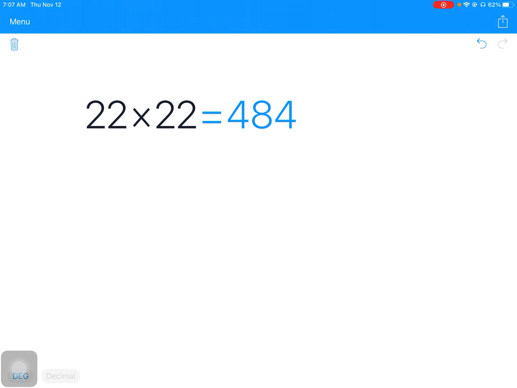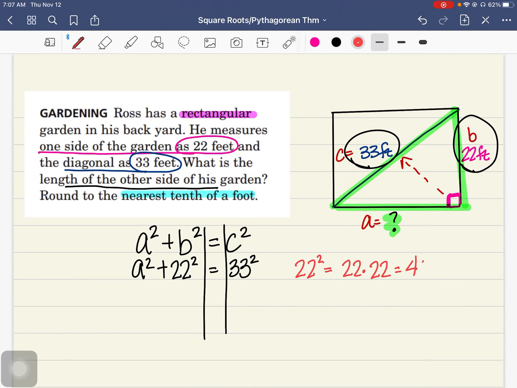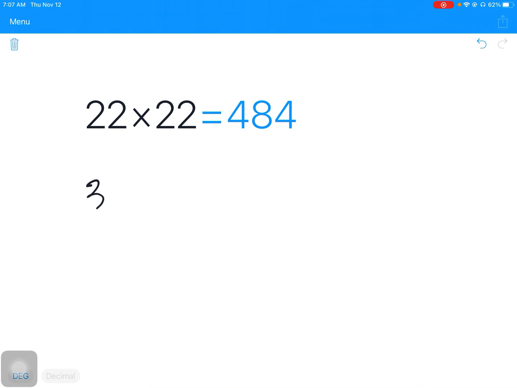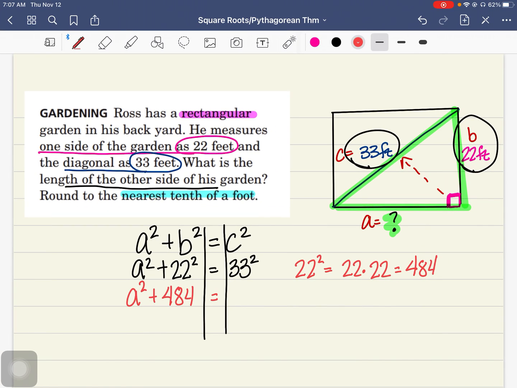There we go, 484. Oh, we just did that in the last problem. So it's 484. So we have A squared plus 484 equals, and then we have to do 33 squared. 33 times 33 is 1089, because that's what 33 squared is.